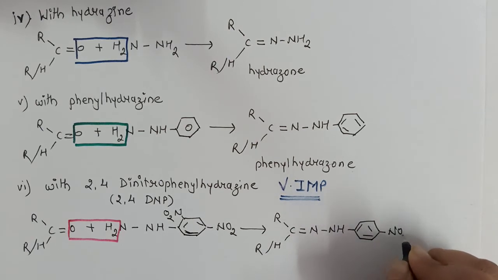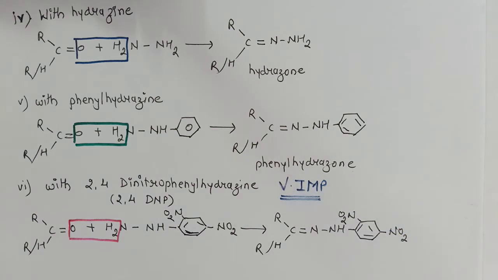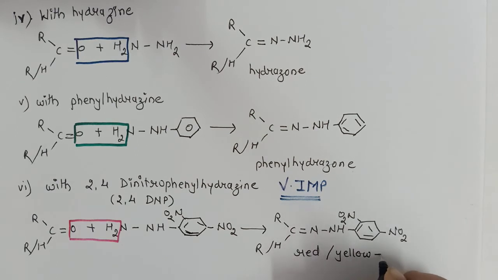Now this 2,4-DNP test is very important as it is a characteristic test of carbonyl compounds. This 2,4-DNP addition product is obtained in the form of either a red or yellow-orange color precipitate. Other carbonyl compounds do not give this reaction.